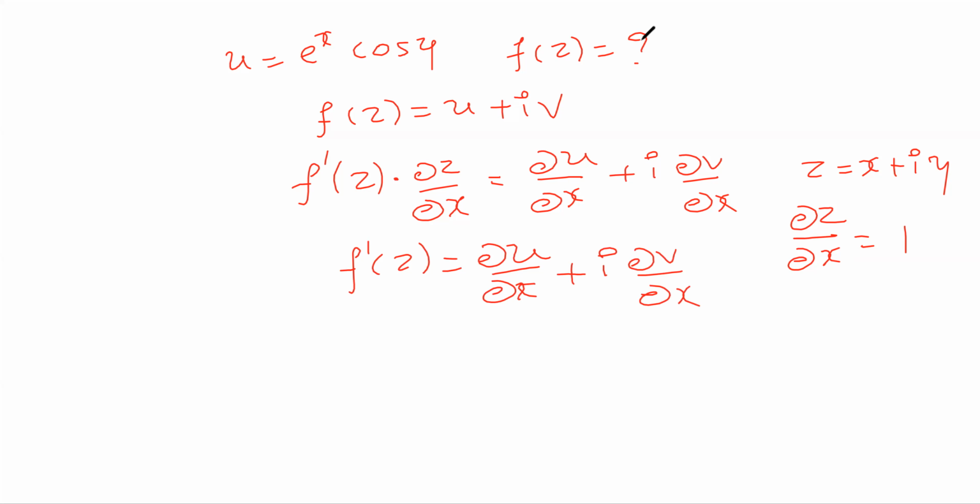But now we don't know the function v. Without knowing v, we can't find dou v by dou x directly. So that's why you have to use the CR equations. In place of dou v by dou x, what can we write in terms of u?